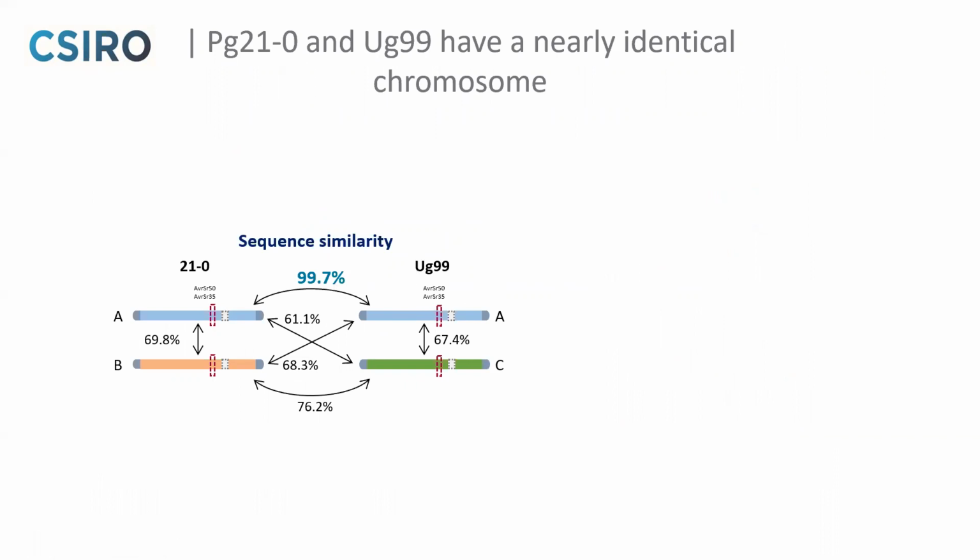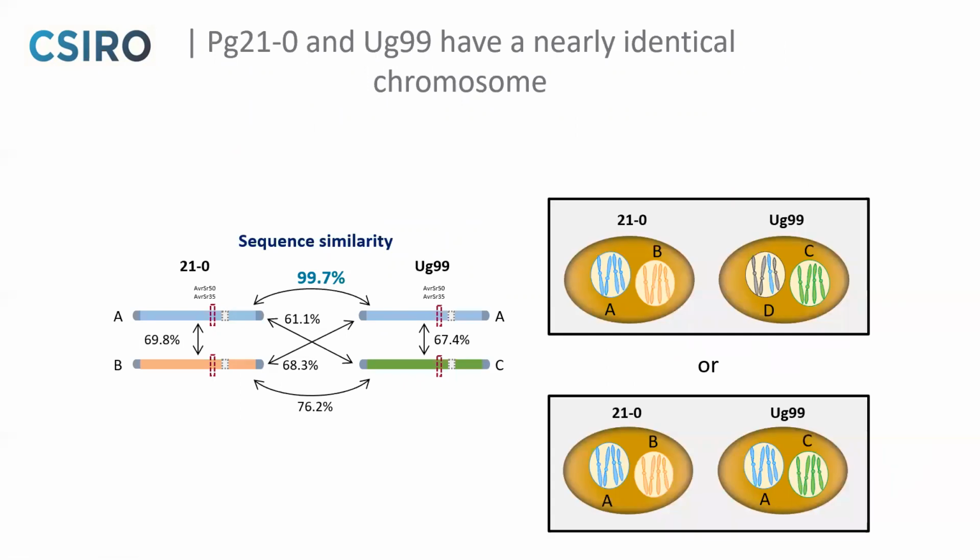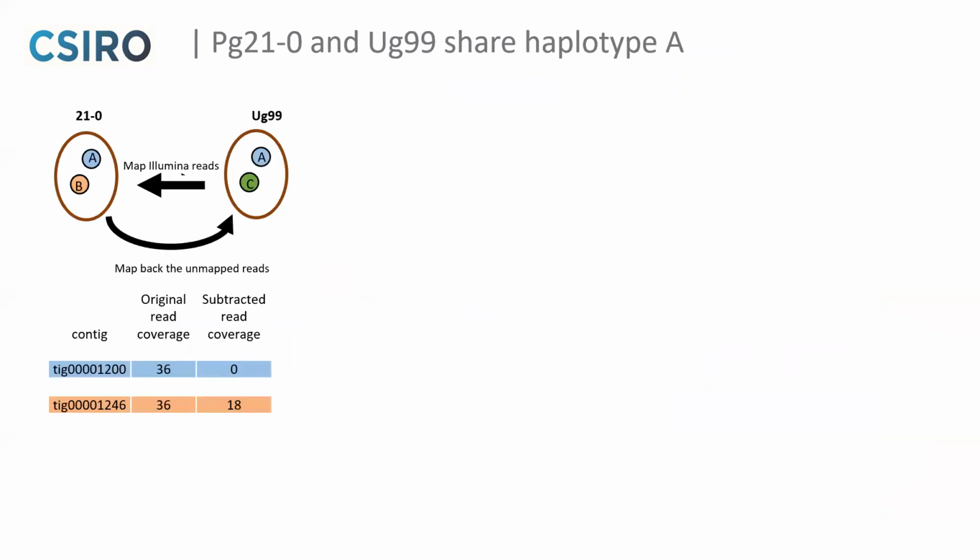So this made us wonder if we were in presence of a situation like this, where both strains share one chromosome, or actually it was telling us that the two strains shared an entire haplotype. To test that, we took a read mapping approach, a subtraction approach. We took Illumina reads from Ug99 and mapped those to the genome reference of 21, and the reads that did not map were mapped back to Ug99, and we did that vice versa.